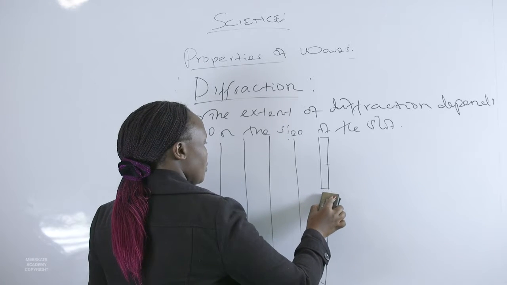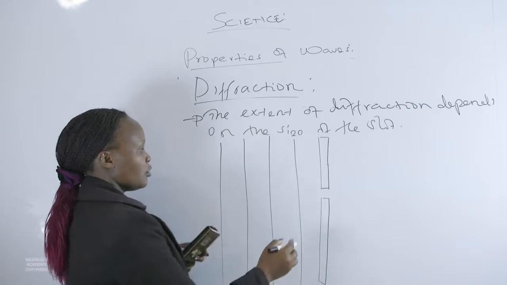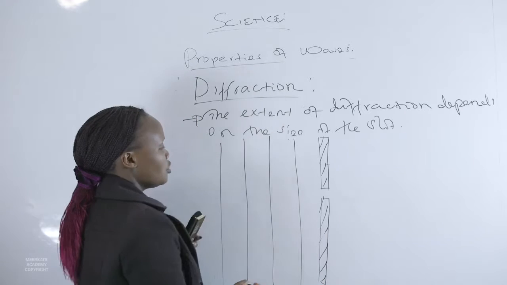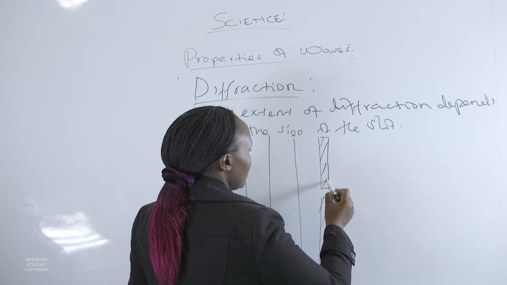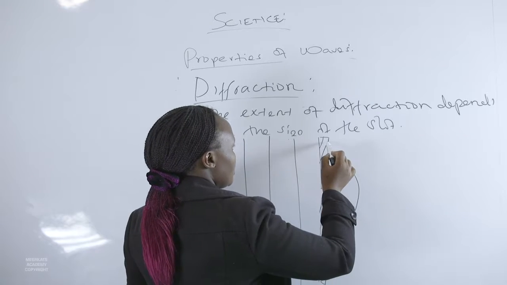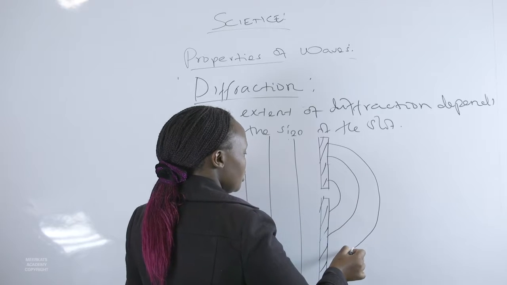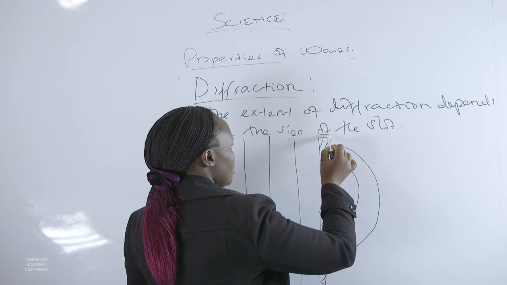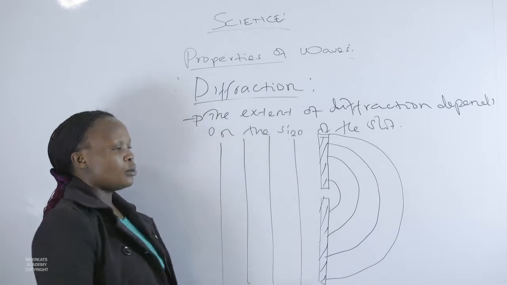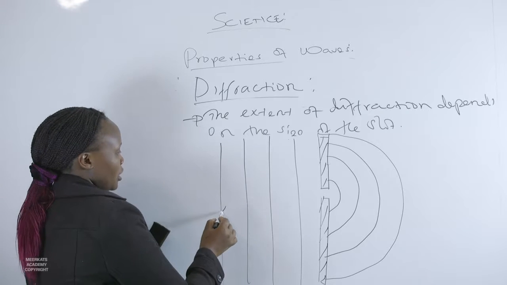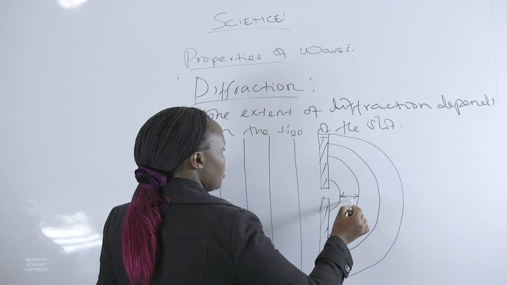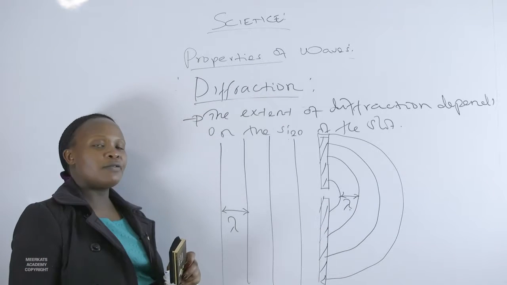Now the change of shape is going to be quite clear, so that now we will have completely circular emergent waves. The wavelength is still going to be maintained, and so will the speed and the frequency.